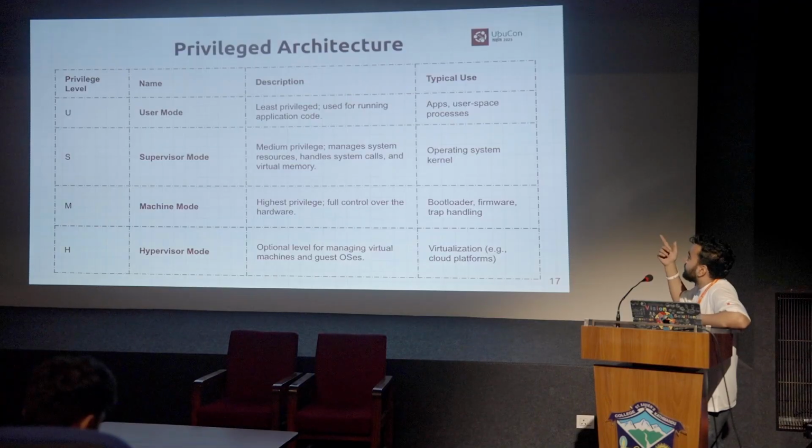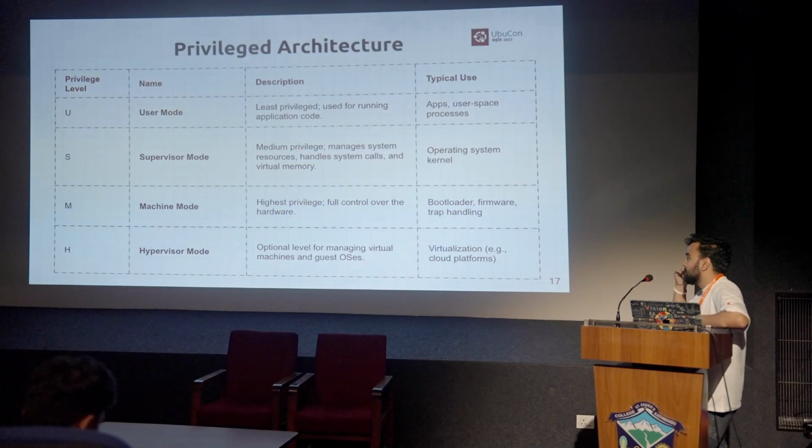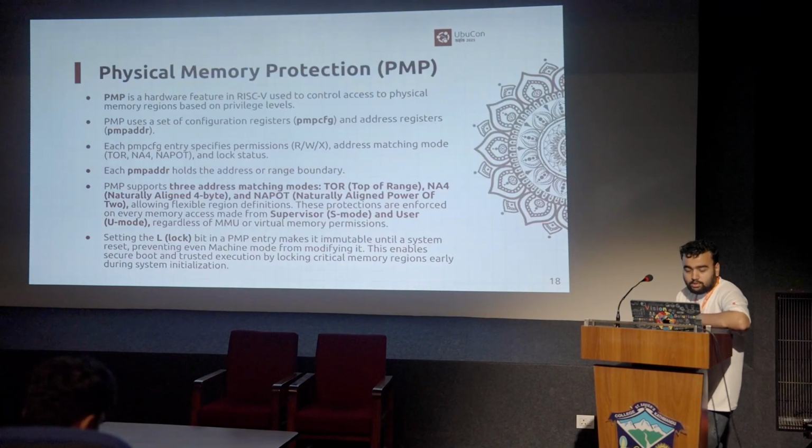One is user mode, which is used for apps, user space processes. Another is supervisor mode, that's used for the operating system kernel. And we will be mapping this with the boot process in Ubuntu on RISC-V as well. The machine mode is used for bootloader, firmware, and trap handling, and the hypervisor mode is used for virtualization and cloud platforms.